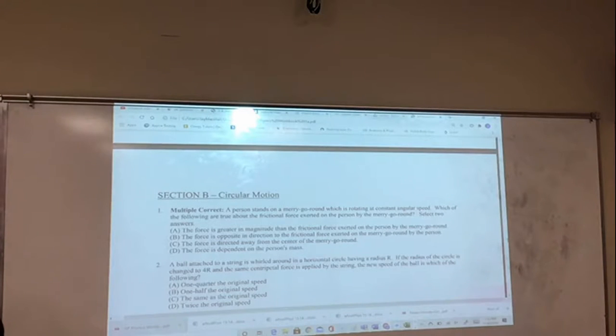Okay, but if I wanted to solve problems, I wouldn't have to think about that. The force is dependent on the person's mass, though. So whatever that force is, the heavier person, the force exerted on that person by the merry-go-round would be greater, wouldn't it? In order to pull a heavier or more massive person into a circular motion would require a greater force.